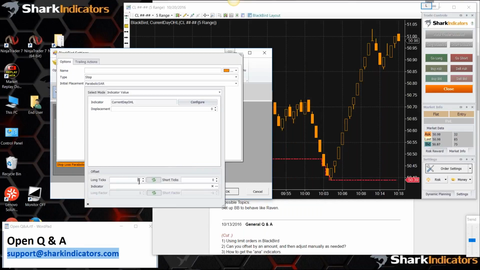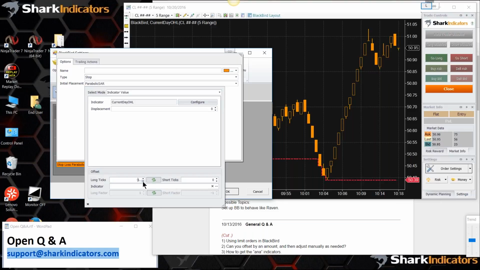And so now our offset. If we're taking a long trade off of the low, then our stop loss is going to be below the indicator plot, below the red line plot. So that's a negative 10 ticks. So let's set this to negative 10 ticks, like that.